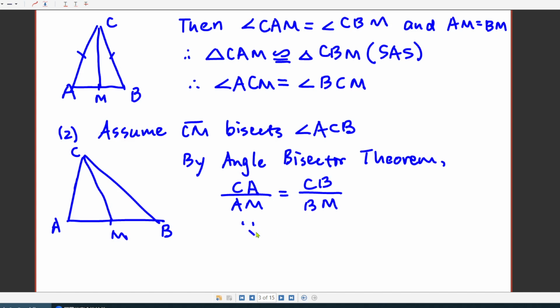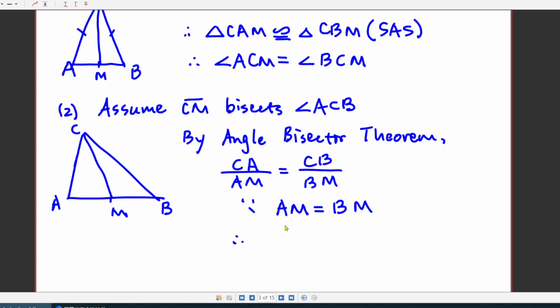And because M is the midpoint, which is AM equals BM, then we have CA equals CB, right? Therefore, we can prove triangle ACB is actually isosceles triangle with CA equals CB, right?